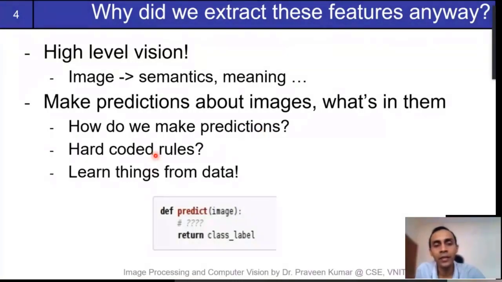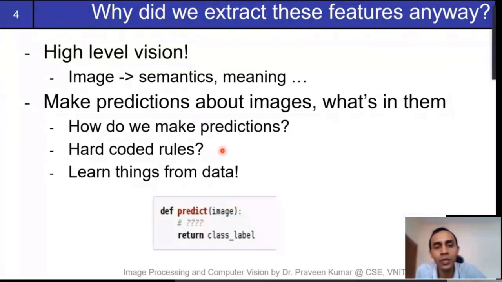For doing this, there are two categories. In the old school, or in very early research, people mostly used some hard-coded rules and models which were manually identified and assumed to be true.